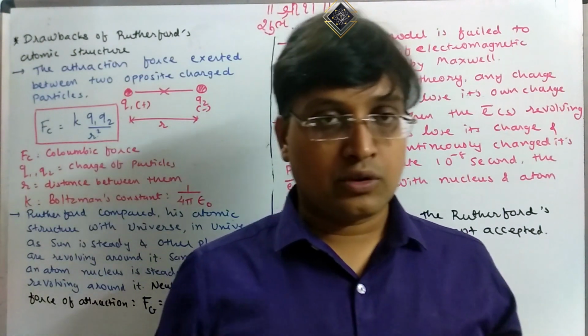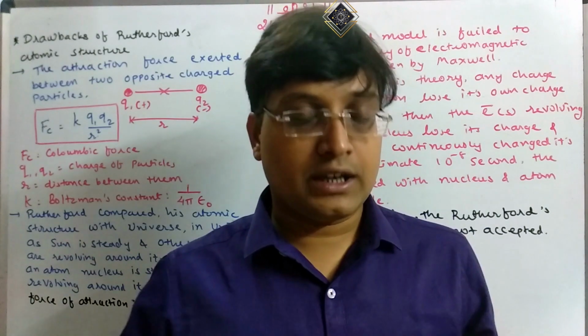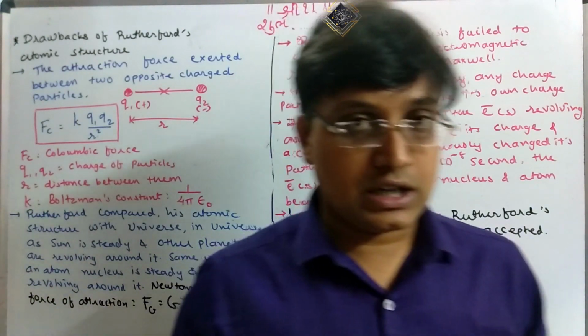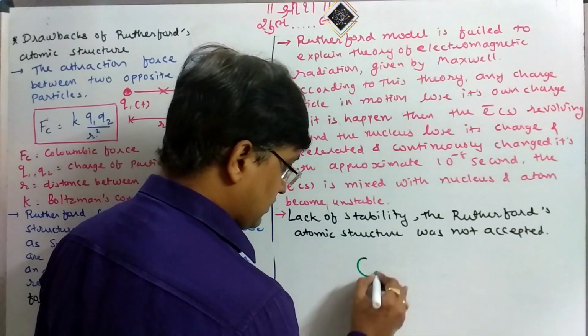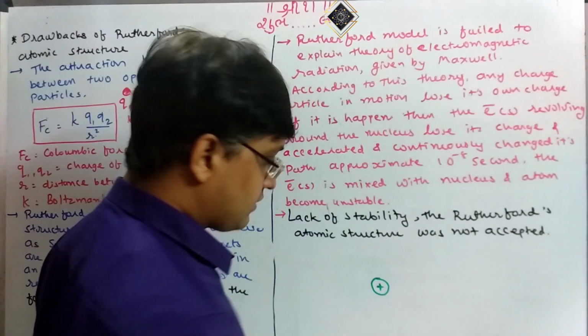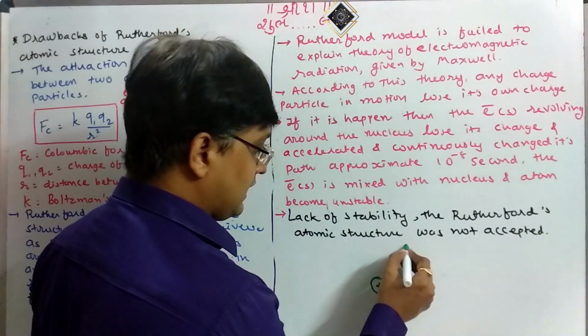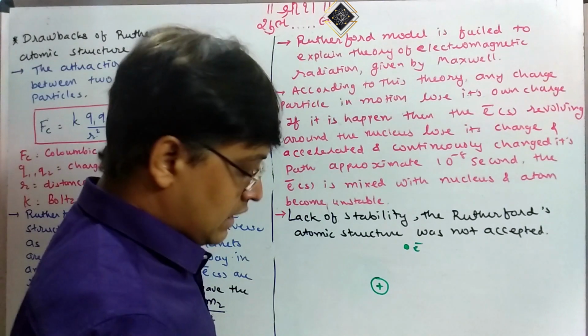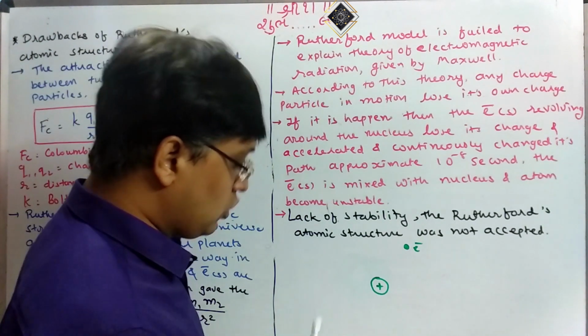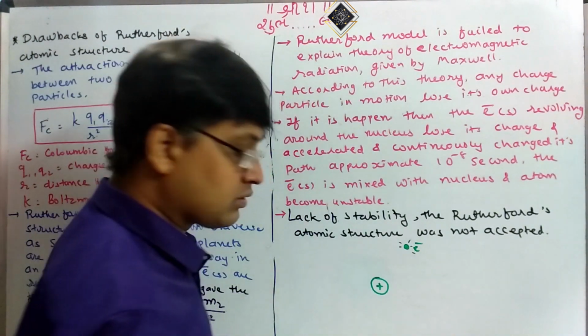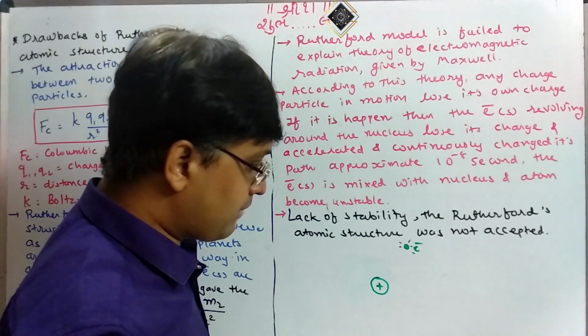Clear? Okay, I am showing the path of the electron if it loses charge. This one is a nucleus. The electron is supposed to be here. This electron is losing its charge, right? So what happened?